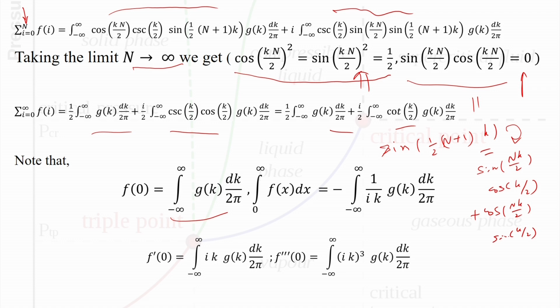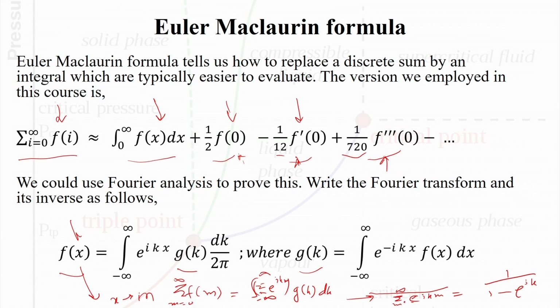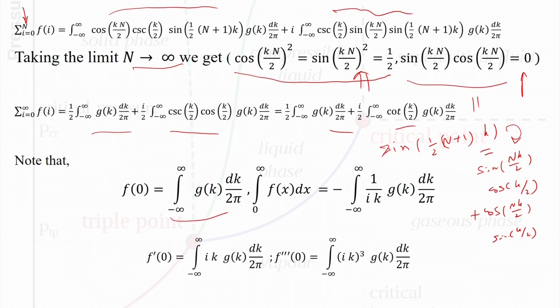Then if I integrate f of x from 0 to infinity, the integral of dx e raised to ikx from 0 to infinity is basically 1 over ik with a minus sign, because at infinity it oscillates and becomes 0. So that's our physicist way of doing things. So you get this result: minus 1 by ik times the rest of it.